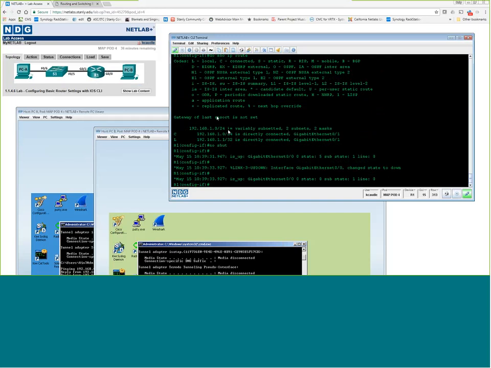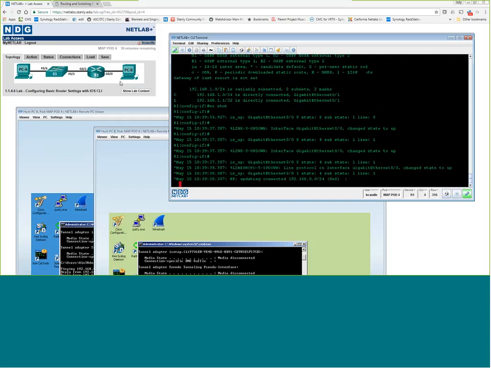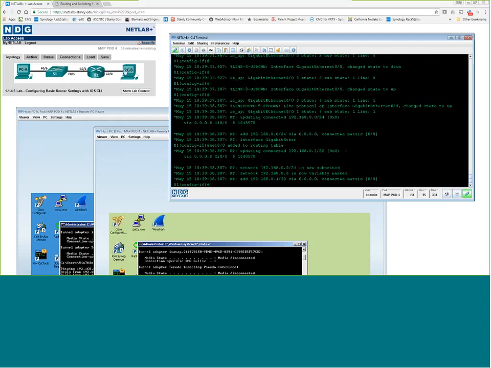Now I can do a static route. It wouldn't make much sense here, but let's imagine that I add a router over here on the other side of PCB. I could add a route: ip route 172.16.0.0 255.255.0.0, and it's available via 192.168.0.2.